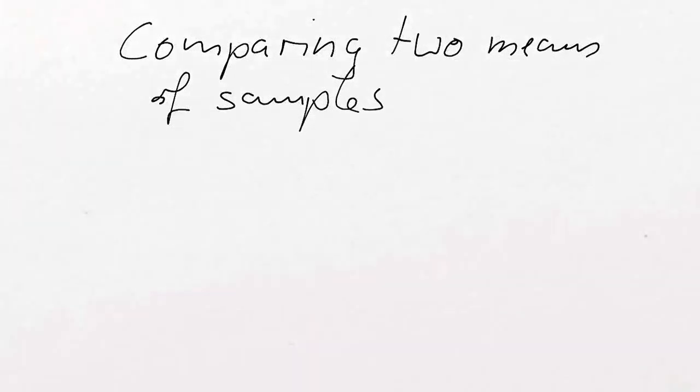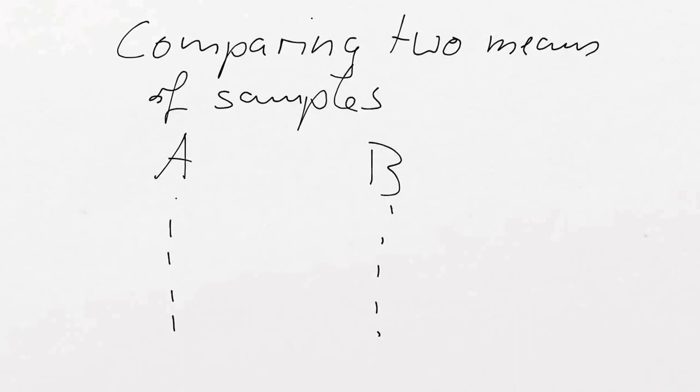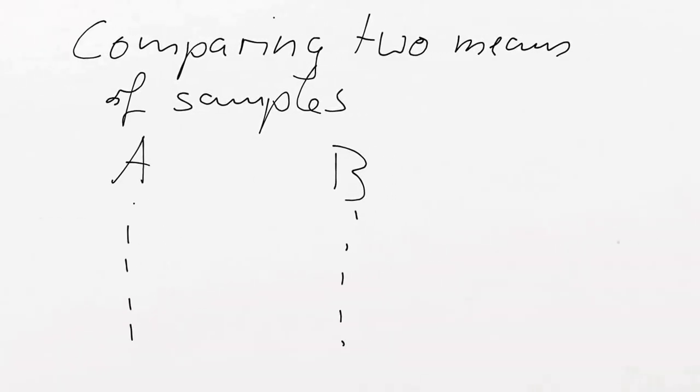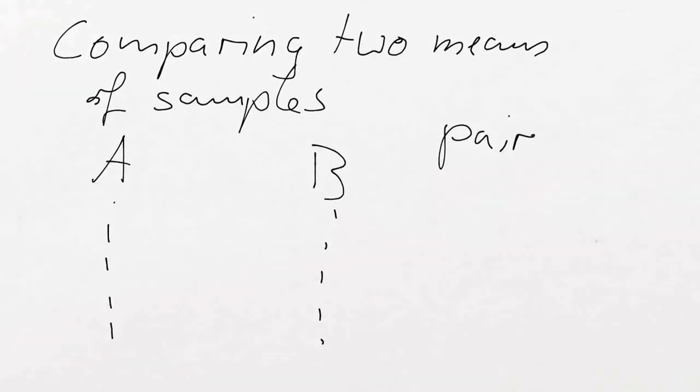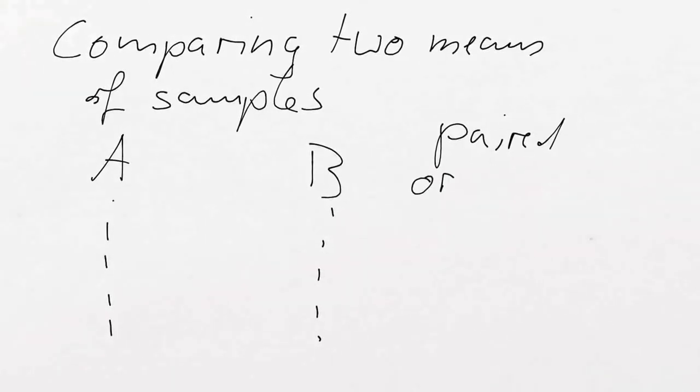And the first question, when we have two samples, so we have a sample A and a sample B with data points here, we need to identify whether these samples are paired or not paired.